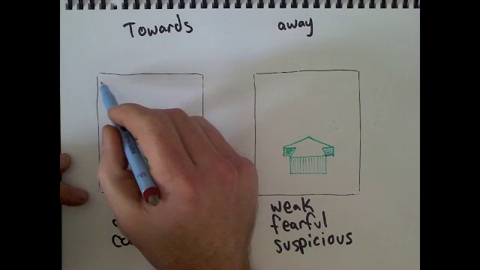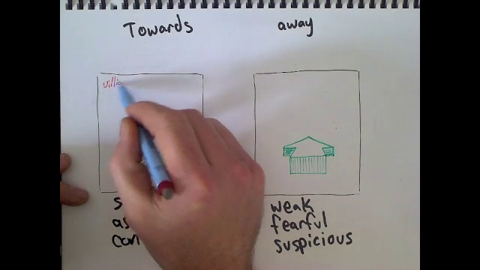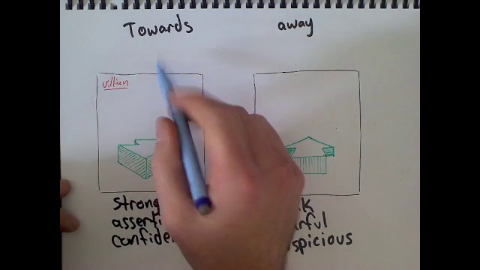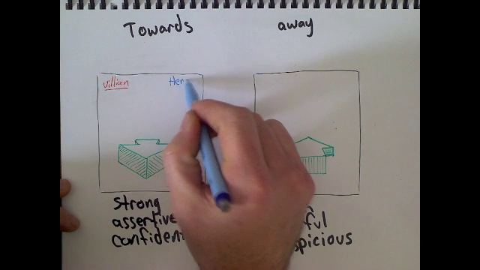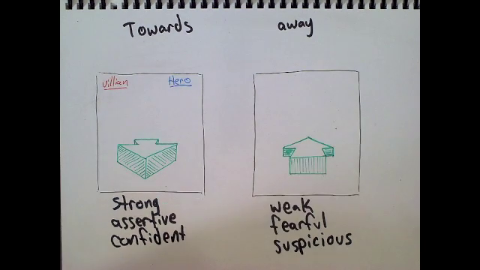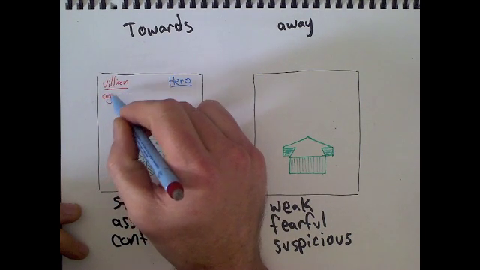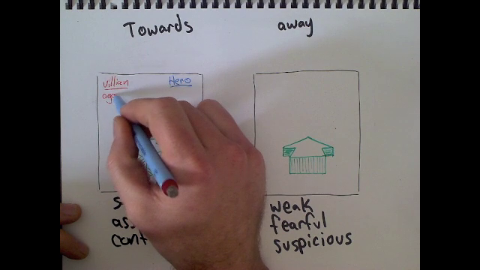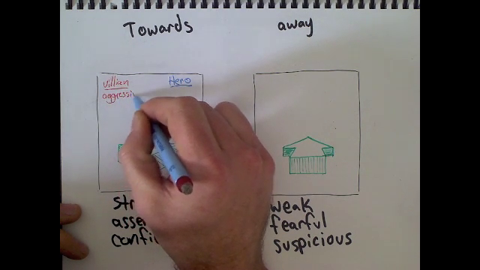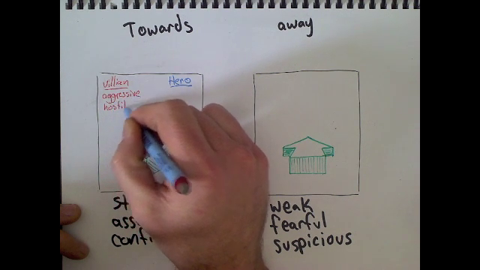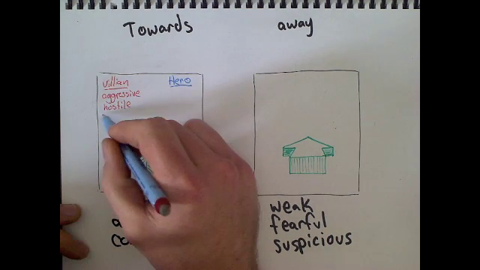Whether you are dealing with a villain, or an antagonist, or a hero, or our protagonist. When a villain moves towards the screen and closes the distance, it is often aggressive, hostile, or threatening.